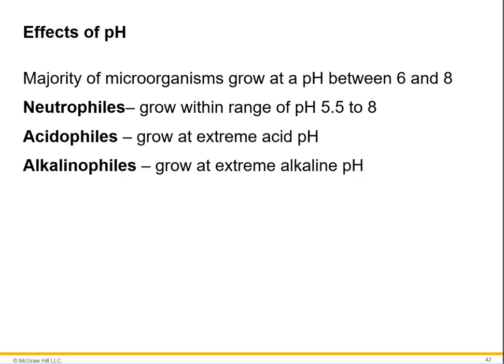Neutrophiles, that's going to be these guys growing within a range of about 5.5 to 8. Remember that neutral on the pH scale lands right at 7. You've got acidophiles. These guys are going to grow at extremely acidic pHs, so low pH numbers. And you've got alkalinophiles. These guys are going to grow at extreme alkaline pH or high pH numbers, okay?